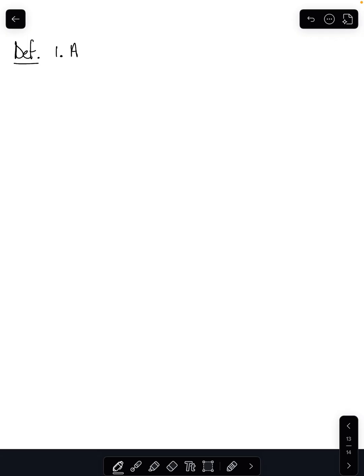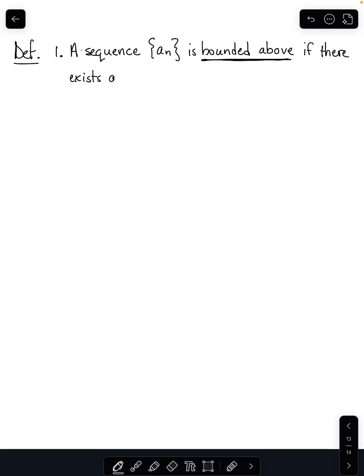First, a sequence, which we will simply call A sub n, is known as bounded above if there is some value which we will call big M, such that every term in the sequence is smaller than or equal to that value.